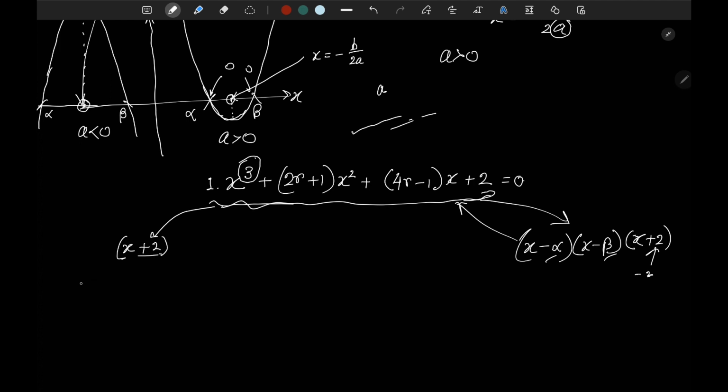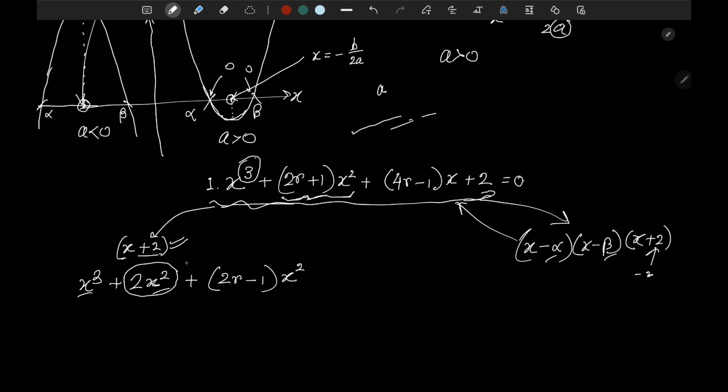So first we have x cube. Then to get something in this form, x plus 2, we will need a 2x square. Why? Because we will take x square common from both this one and this one, and we will get x plus 2. Now we already have the coefficient of x square, right? To balance the coefficient of x square we need (2r minus 1) x square.